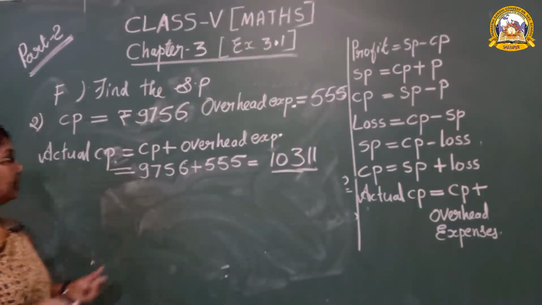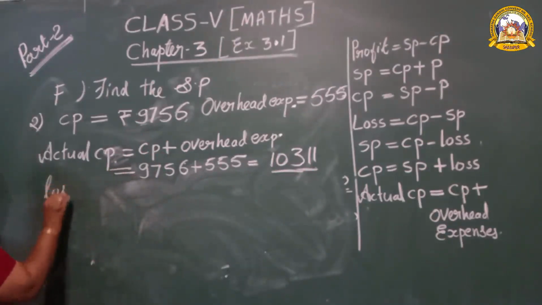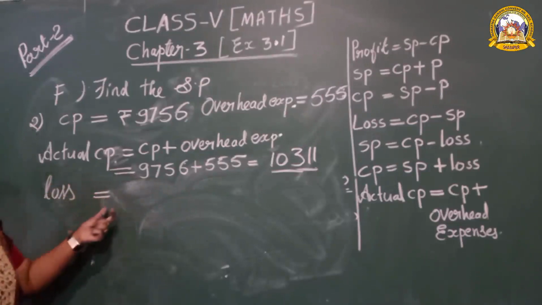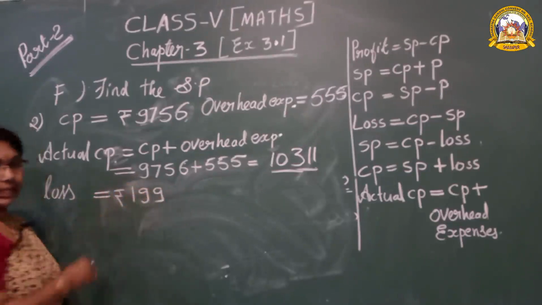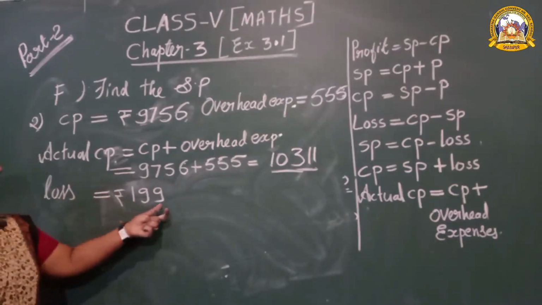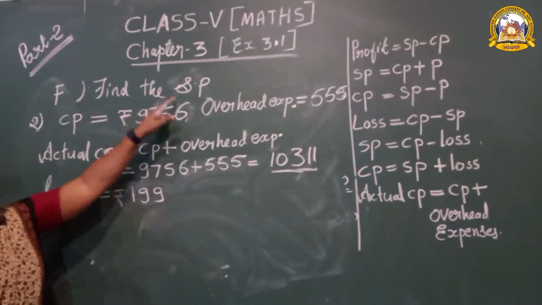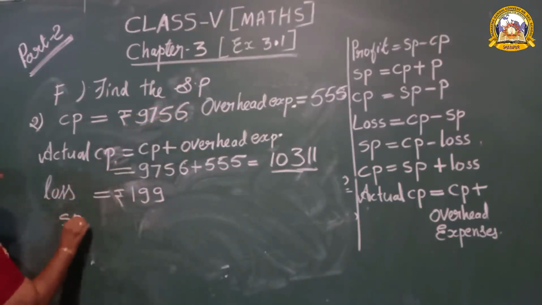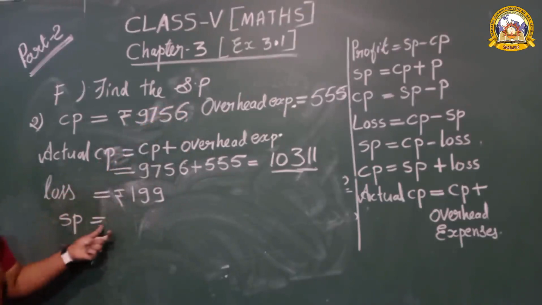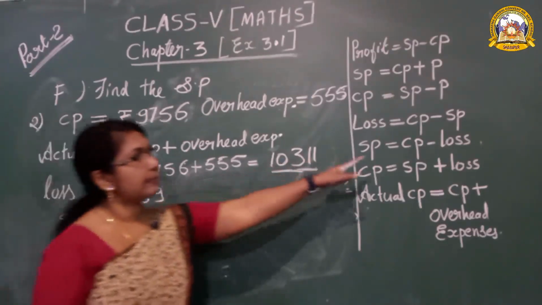Then look at the question. Loss is given. What is written there? Loss. What is the loss? Rupees 199 is the loss. What you have to find out? Selling price. When loss is given, what is the formula?